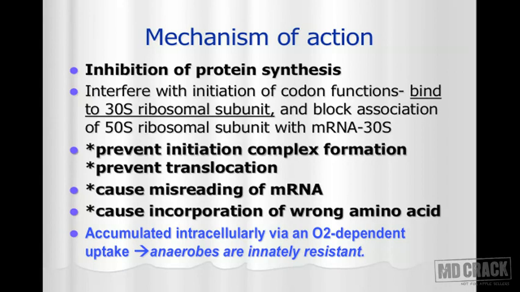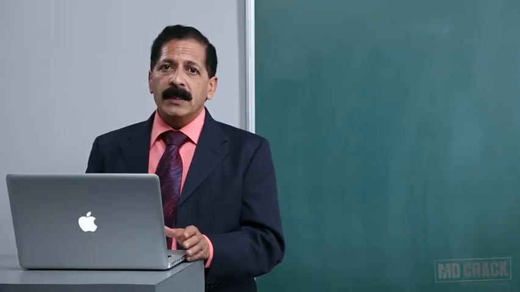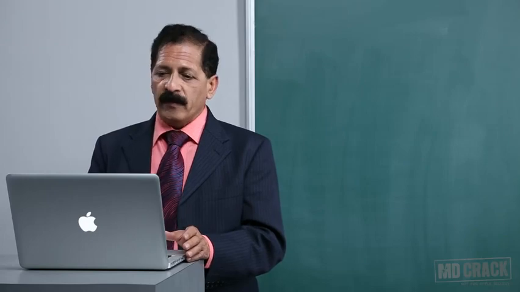That's why I said they are exclusively useful against gram-negative aerobes, because aerobes have this oxygen-dependent mechanism, and therefore anaerobes are innately resistant to aminoglycosides, because aminoglycosides cannot enter the anaerobic bacterial cell. So it's good enough to remember: aminoglycosides, gram-negative aerobic infections.